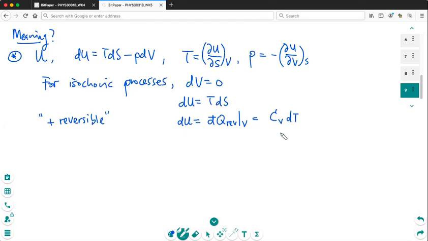This is actually educational. Look, if you just write this without all this reasoning, you are so wrong. The fact that we can write it this way relies on an isochoric, reversible process. There is a change of argument that you need to include. But for the ideal gas, you directly write this.